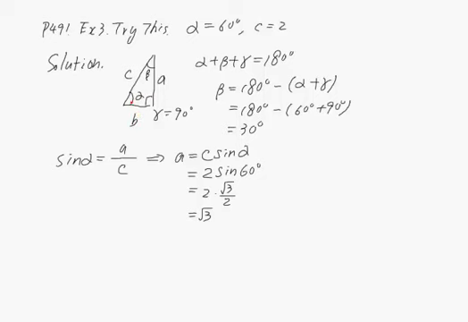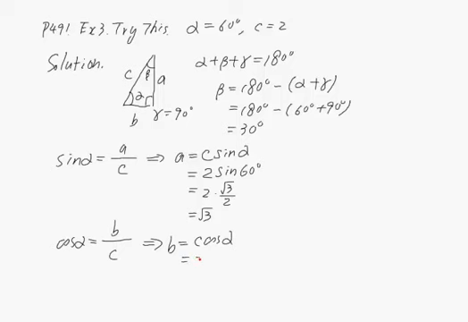Now, to get B, which function should I use for alpha? Cosine, right? So you may use cosine alpha, which is equal to the adjacent side, that is B, over the hypotenuse C. Then you multiply both sides by C, and you get B equal to C times cosine alpha.